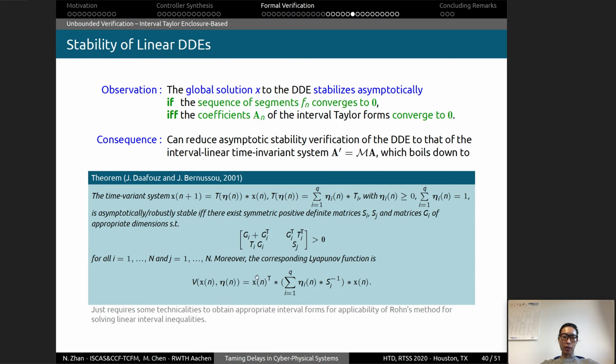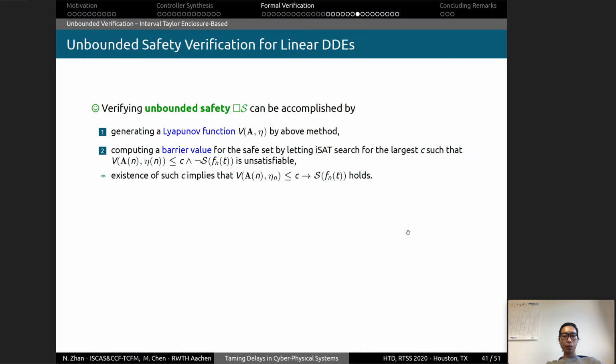For example, we can synthesize some Lyapunov function witnessing the stability of this linear system, which in turn guarantees stability of our delay differential equation. But due to limited time, I won't go into details of this result here. But the general approach is as follows.